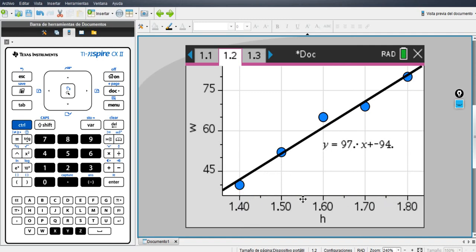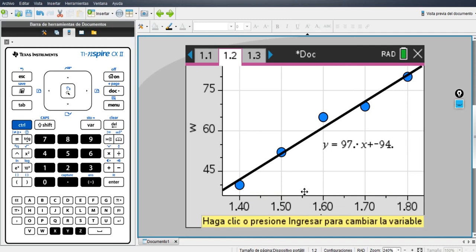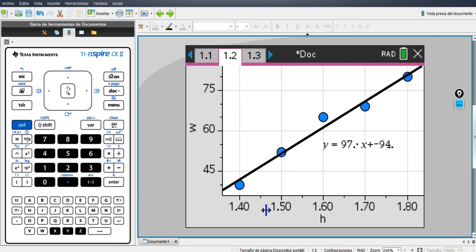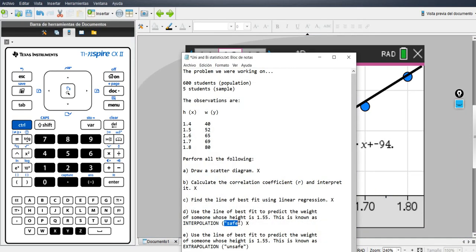That is called interpolation, inter meaning inside, right? We often say that this is a safe prediction to make. It usually yields good results in real life.